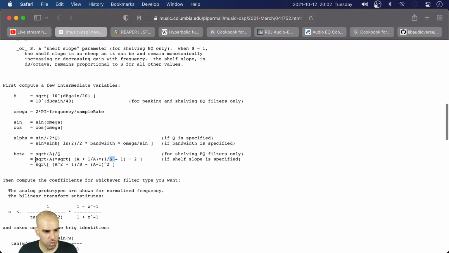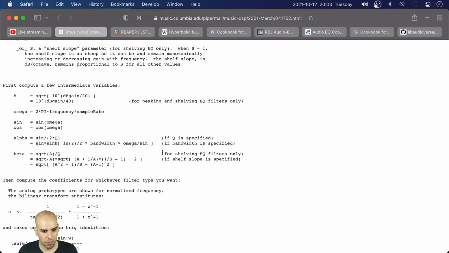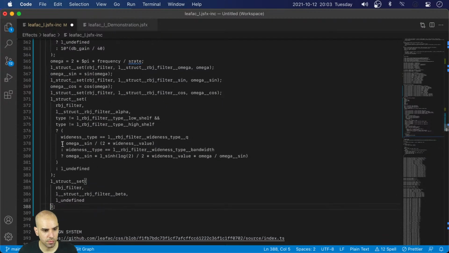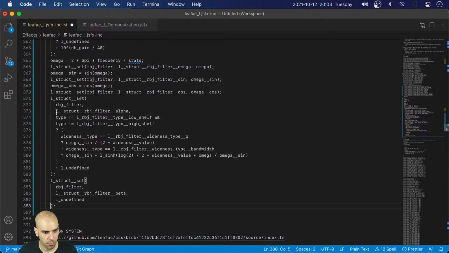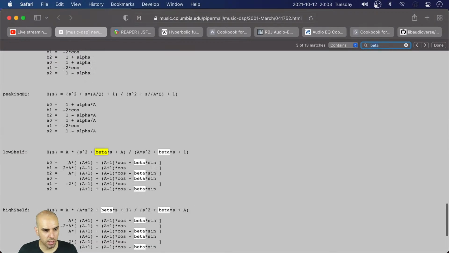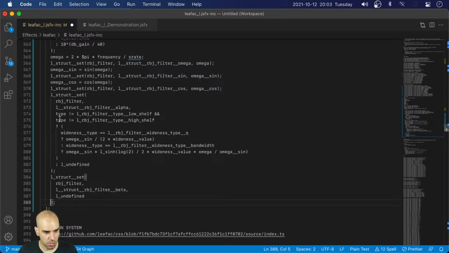Oh no, these two are equivalent. This is equivalent to that. And I think that this has fewer operations, so I'm probably going to use this last one. Okay, so for beta, we have to check if I have a type of Q. Well, first of all, I have to check if I'm going to need beta, and I think that beta is only used for shelving. So I have to check if I am in a shelving situation.